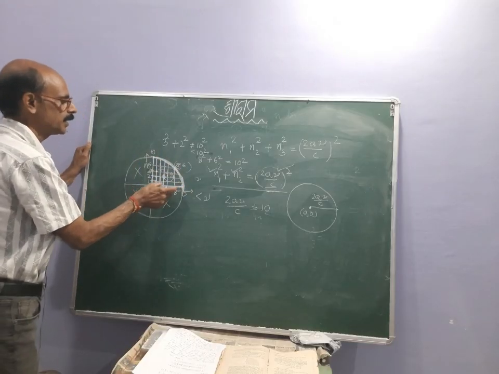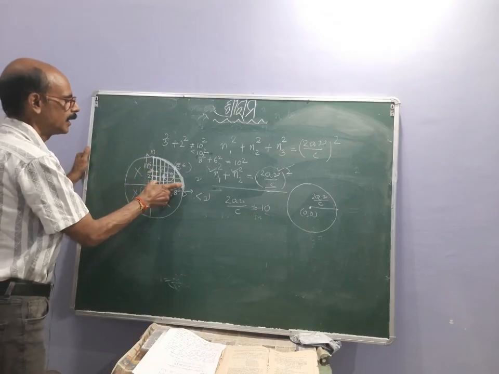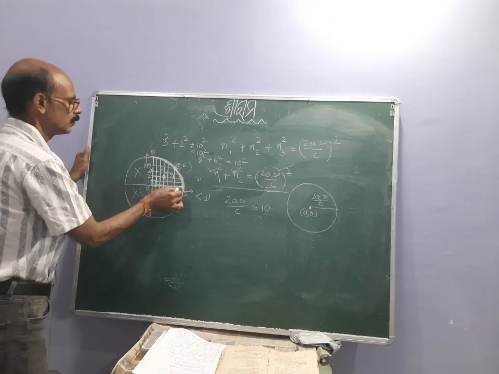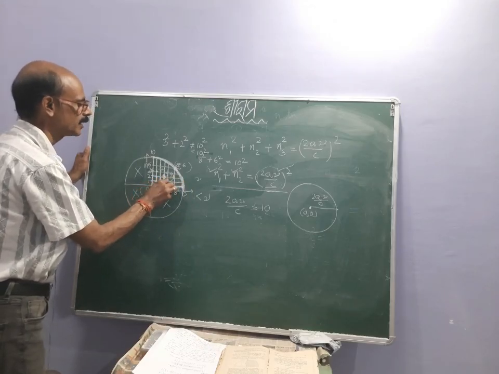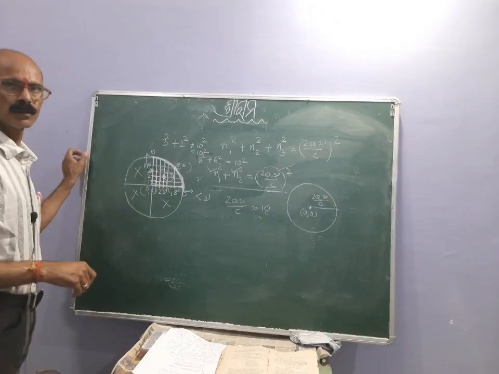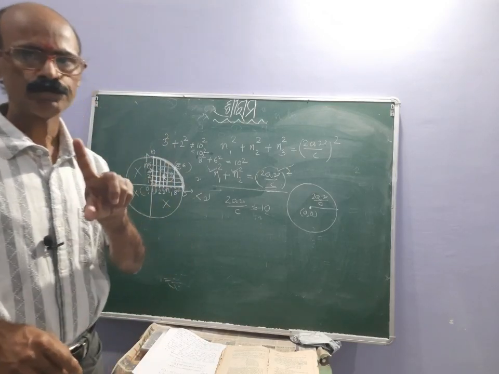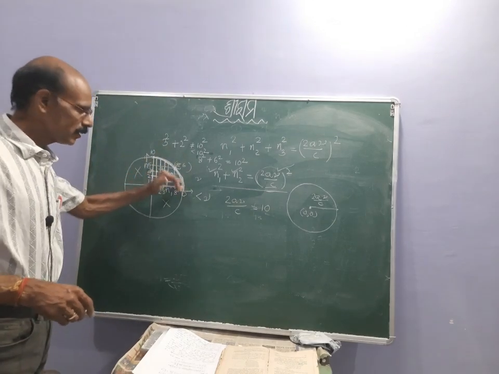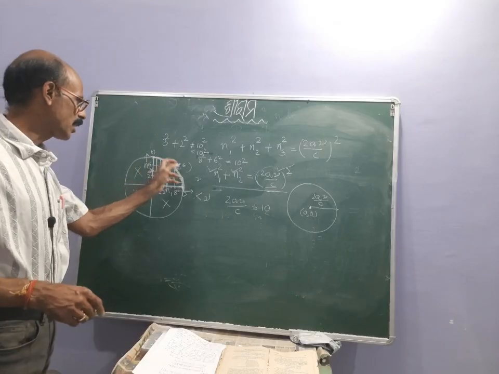Suppose this is a unit square, all these are unit squares. Each has area 1. So the number of squares in this quadrant is equal to the area of this quadrant.